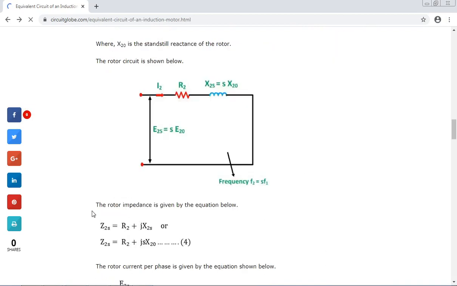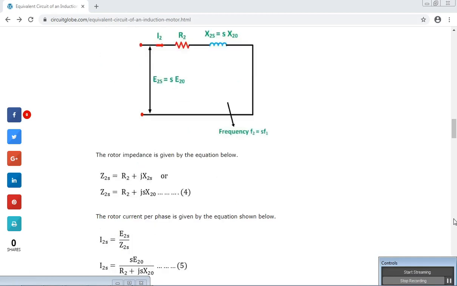Okay, on the rotor side, the impedance can be illustrated as in this figure. It consists of the induced voltage on the rotor side, the rotor resistance R2 and the rotor reactance X2. Note that every parameter that depends on frequency will be multiplied by s, which is the slip, namely the resistance and the reactance.